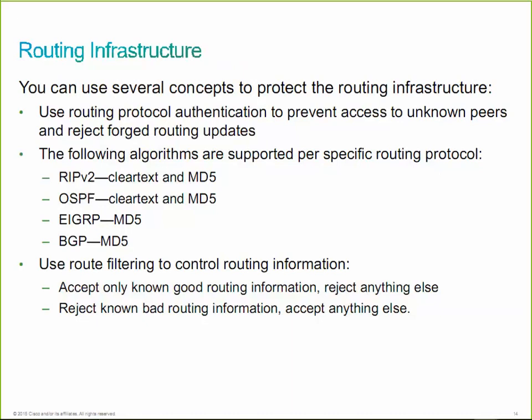Most routing protocols today support both clear text password authentication, where the password is actually included in the routing update, and a hash-based algorithm to produce messages and authentication in the updates. If I'm using a message authentication code, the way that it works is a very simple process.